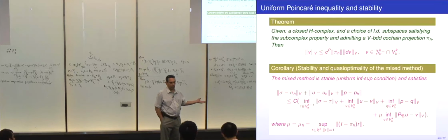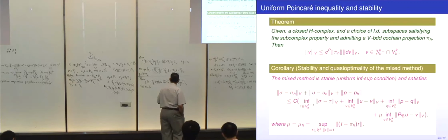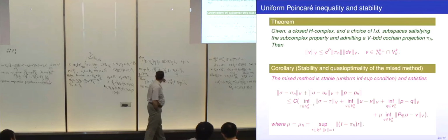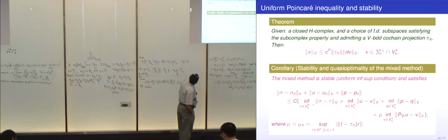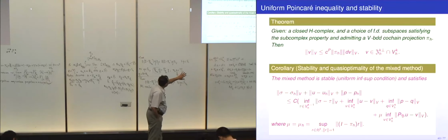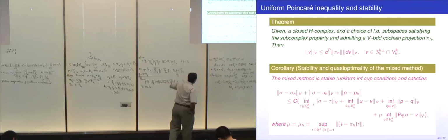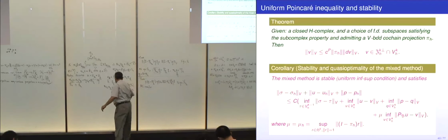The finite dimensional Hilbert complex is a closed Hilbert complex, and its Poincare constant is Cp times the norm of pi^h. So therefore, the mixed method is stable. There was a tiny bit to prove here, but what takes no time to prove is the inf-sup condition.